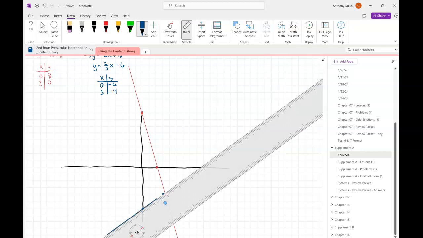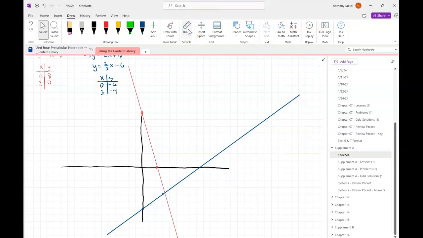Okay. And so where should my solution be? That's my solution, right? That intersection.